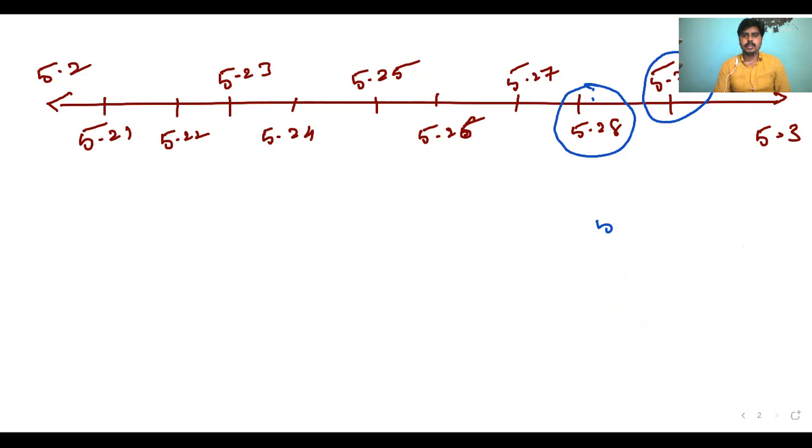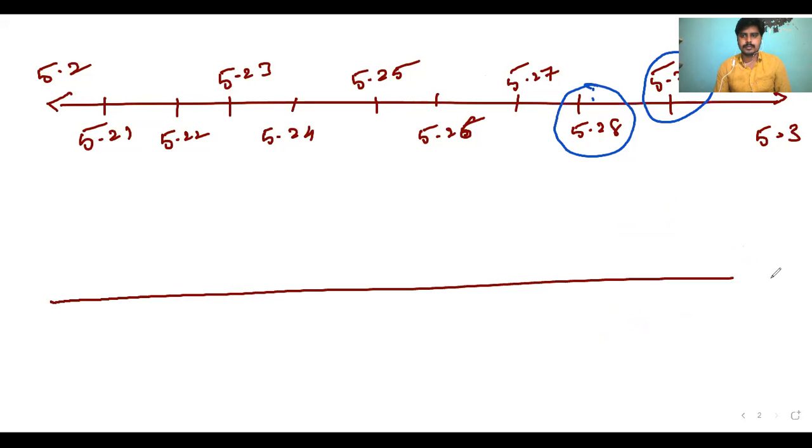Are you getting the concept? This is called successive magnification. So here it is 5.28 and here it is 5.29.